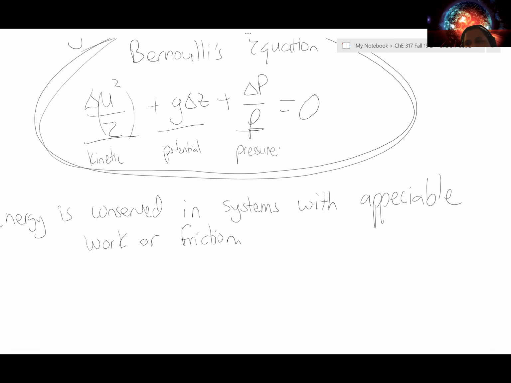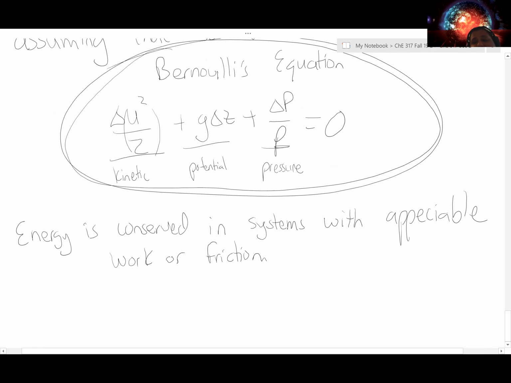When we're looking at potential energy as a function of elevation, we're looking at delta Z. When we're looking at pressure energy as a potential, we simply define it as pressure. And so when we're looking at these systems where this energy is going to be conserved, we're really looking at understanding the energy transfer between these two states.